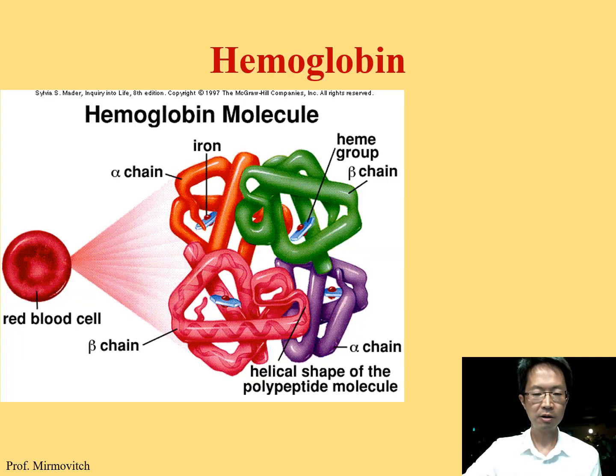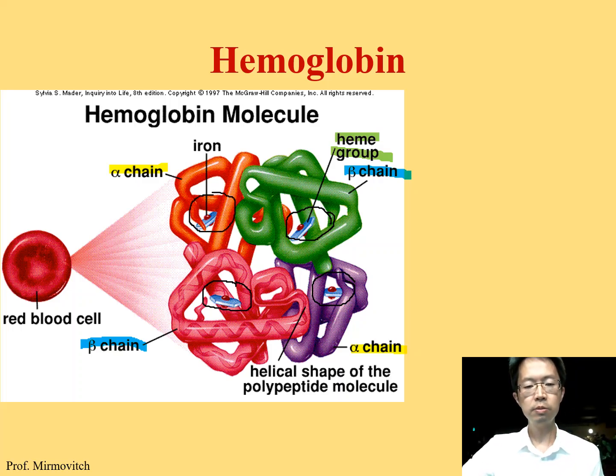So you can see that hemoglobin has 2 alpha chains and 2 beta chains. And in each alpha and beta chain, there is a heme group. In other words, they have 4 heme groups. So 1 here, 1 here, 1 in here, and 1 in here.